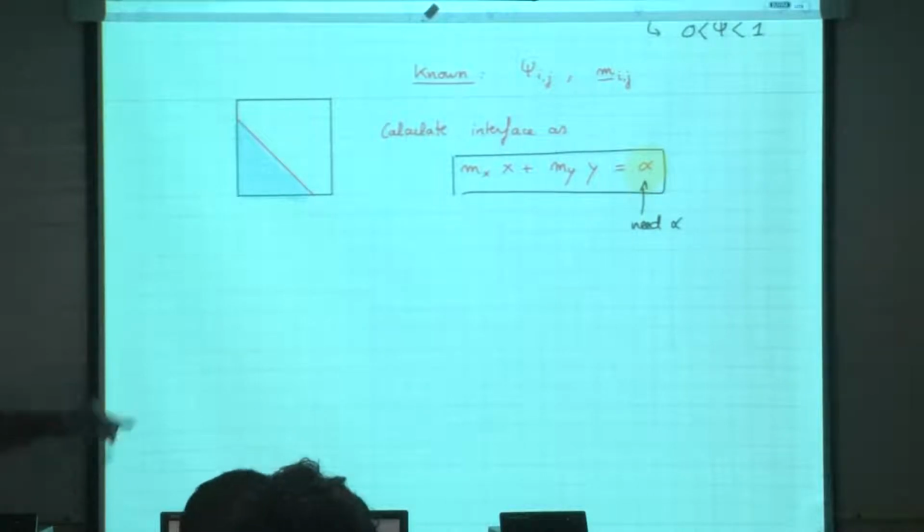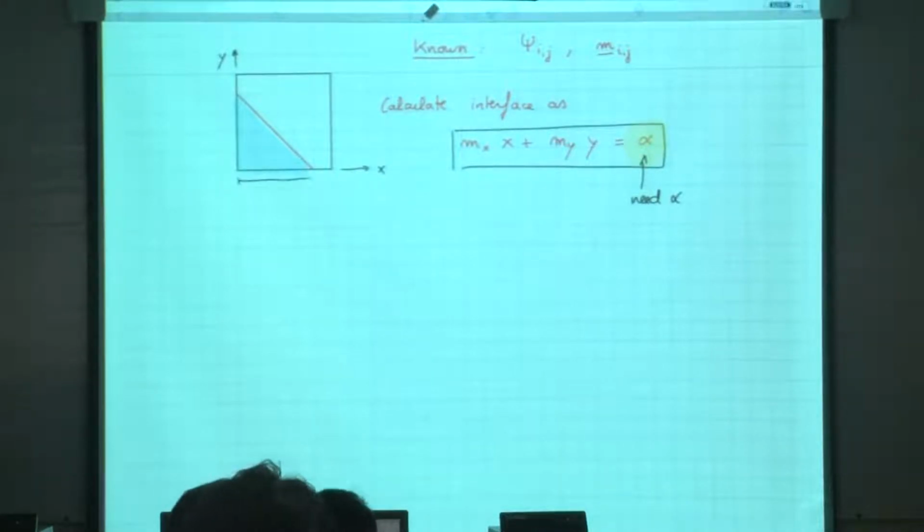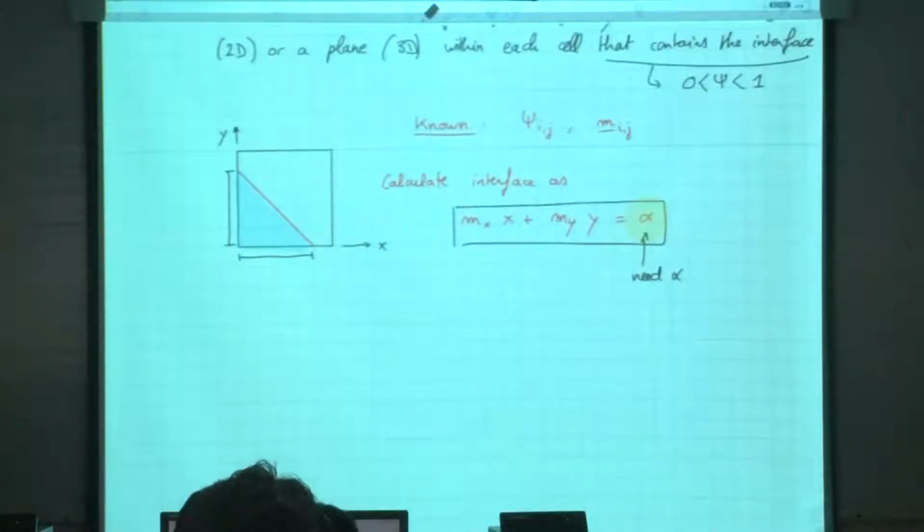So if I'm in the configuration that I sketched on the left, it is not too difficult for me to deal with the geometry of that problem. Let me also give myself a cell size equal to h.